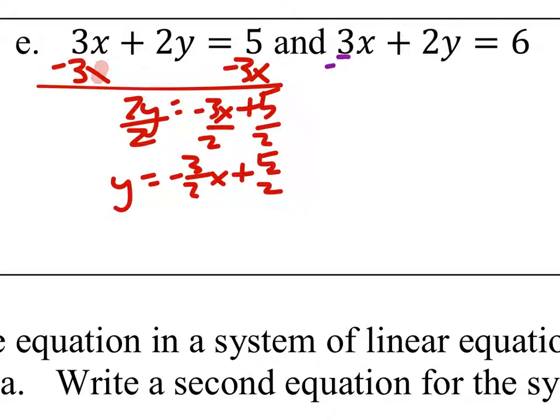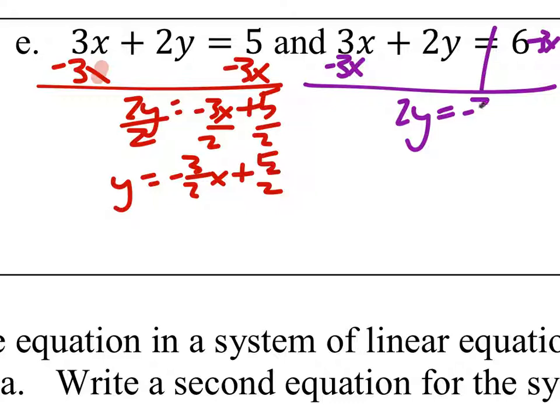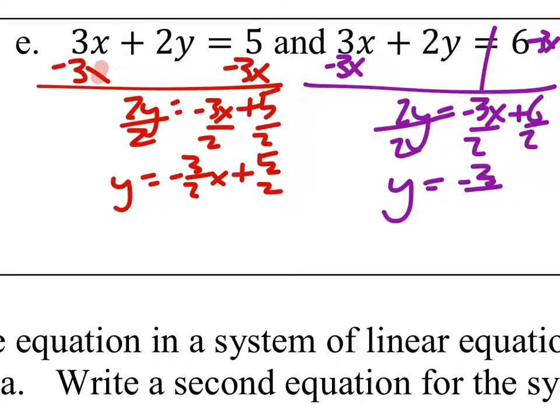Now over here we'll do the same thing, minus 3x from both sides. 2y equals negative 3x plus 6. Divide everywhere by 2, and we got y equals negative 3 halves x plus 3. 3 is pretty close to 5 halves, but it's not the same. Therefore, this one has no solution.